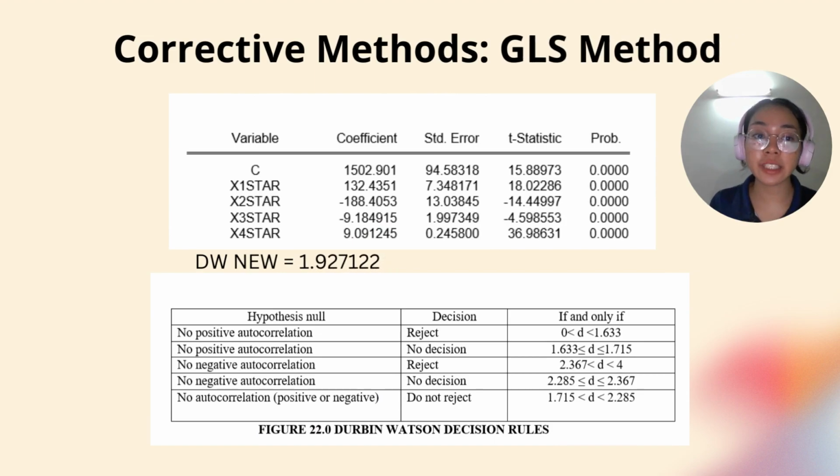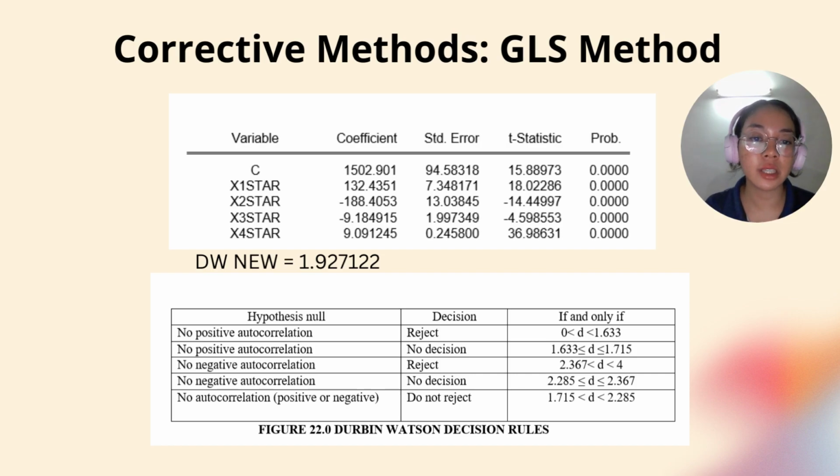The generalized least squares (GLS) method is a transformation of the ordinary least squares (OLS) method. This is a corrective method in which the model uses GLS as the recovery step from autocorrelation cases. The GLS method converts x1 to x1 star, x2 to x2 star, x3 to x3 star, x4 to x4 star, and y to y star. From the output, we can see that the Durbin-Watson value has increased from 0.557461 to 1.921722 after conversion from the GLS estimated model A. We can conclude that model B cannot be converted because the variables have negative values.